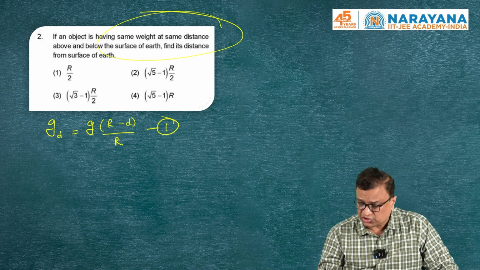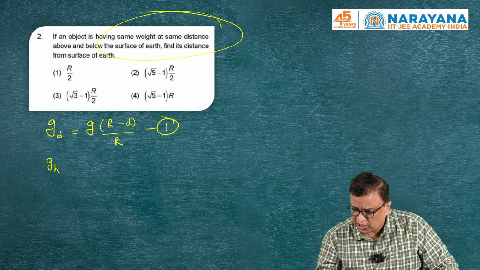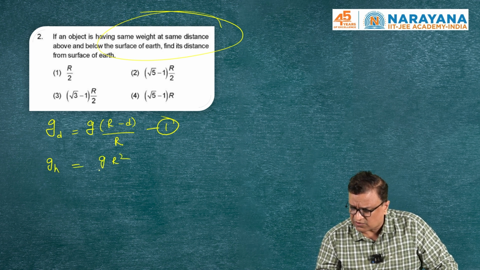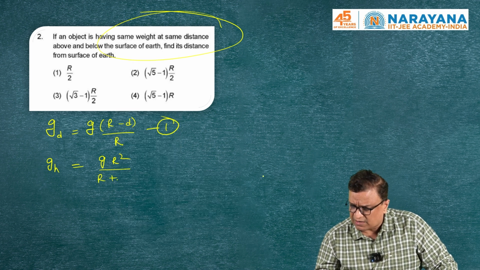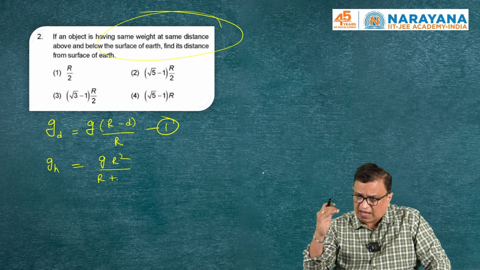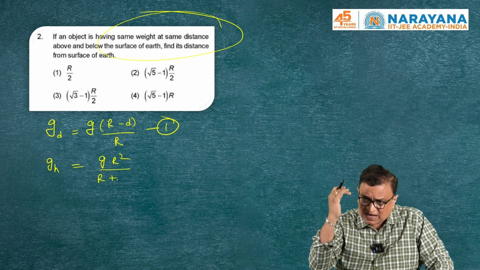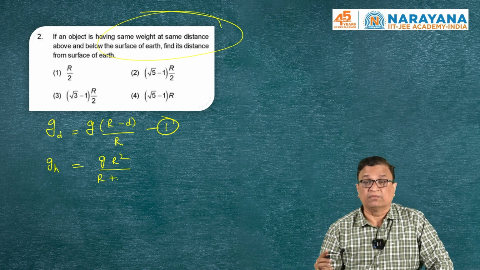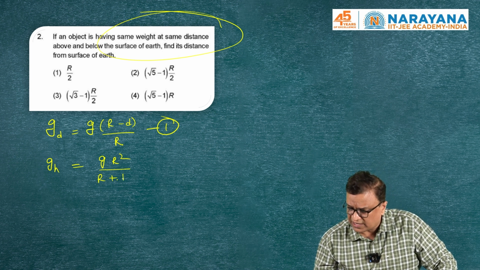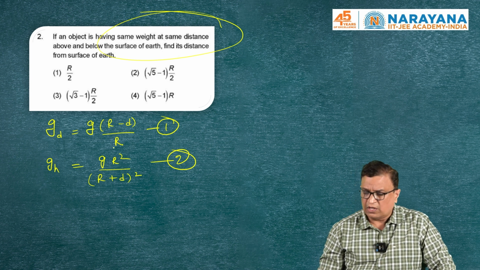At a height h, g_h is g into R square by (R plus h) whole square. Please remember, the length of height and length of depth is the same, so you can write it as (R plus d) whole square. This is equation 2.